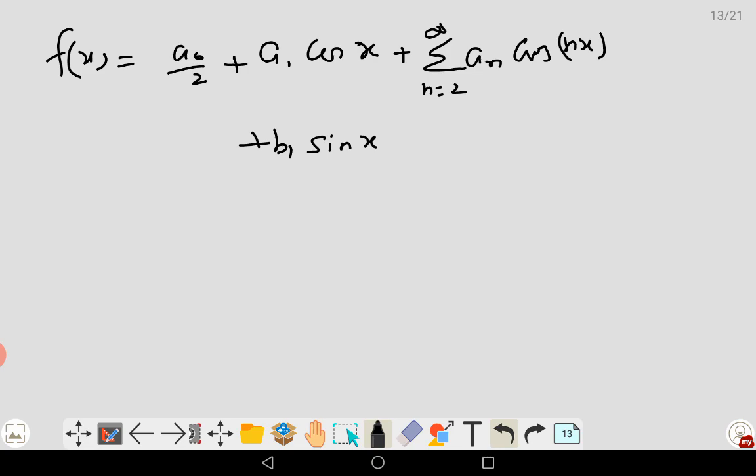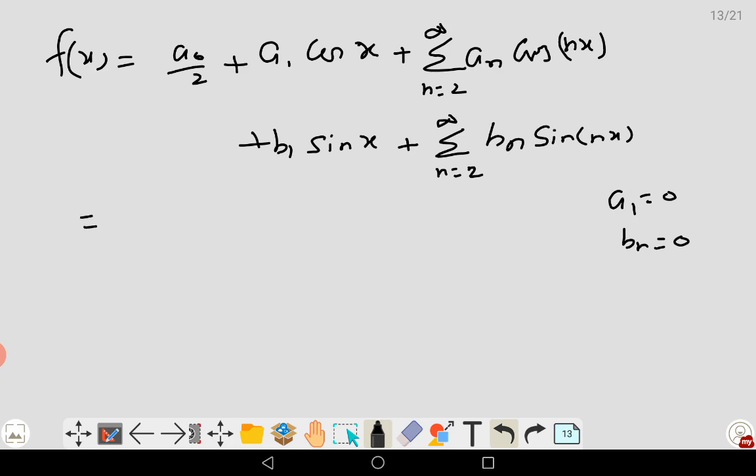Next b1 sin x plus summation n from 2 to infinity bn sin nx. But we know that bn is 0 for n from 2 to infinity.